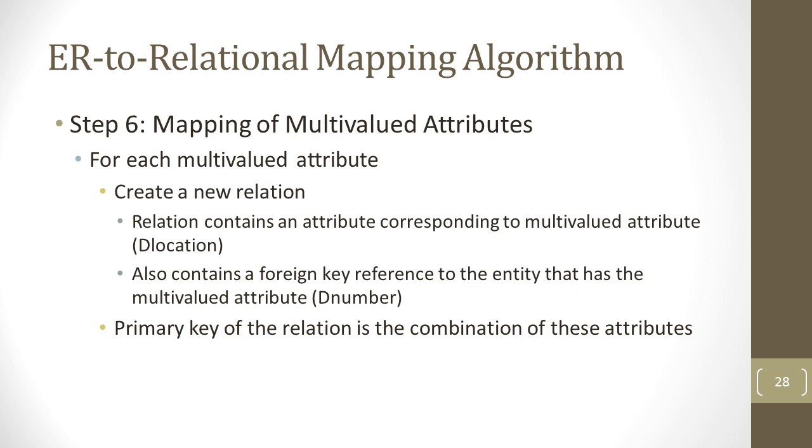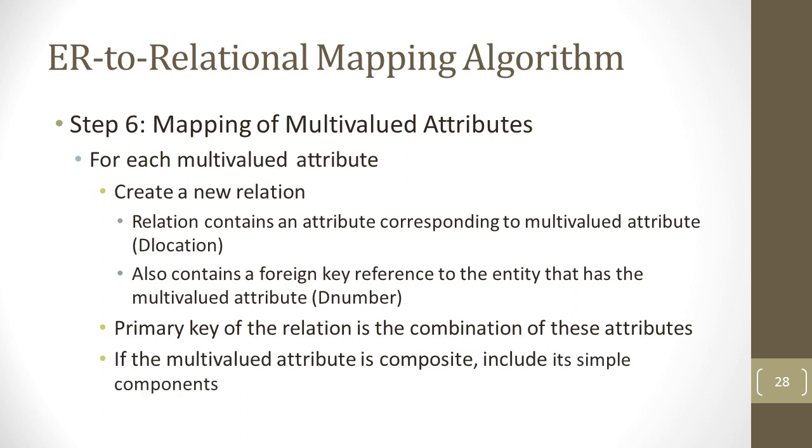So the primary key is the combination of these attributes. So again, this is a case where a foreign key is going to form a primary key. So if a multi-valued attribute is composite, so if it's not only multi-valued but it has multiple pieces that form it, we include those in this new relation.